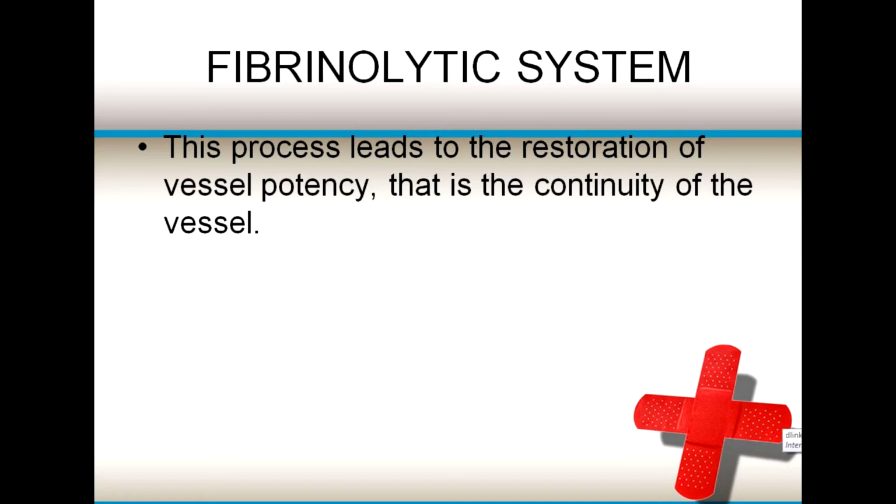Now, these fibrinolytic pathways are complex biological processes which lead to the degradation of the fibrin. This degradation of the fibrin is very important, because once we have a persistent thrombus, you can just call it a thrombus for our convenience, it can lead to the dislodgement of this particular thrombus from the site of our primary action.